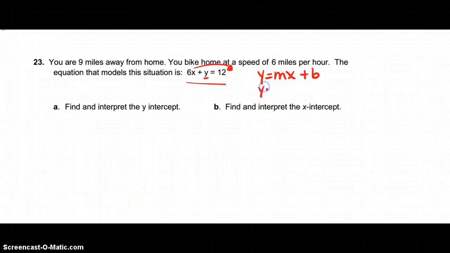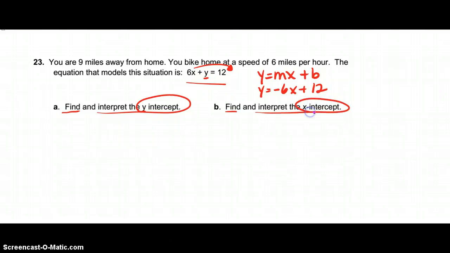So now y equals -6x plus 12. So I am going to find and interpret the y-intercept, find and interpret the x-intercept. So I'm going to go over here, make myself a grid, coordinate grid, or use one on paper to graph this equation, and then find and interpret y, find and interpret x.